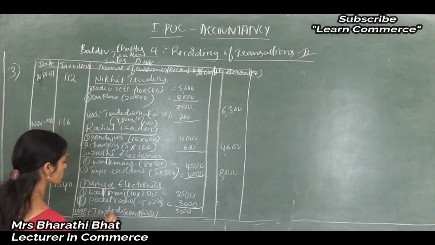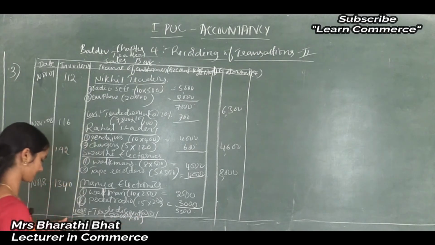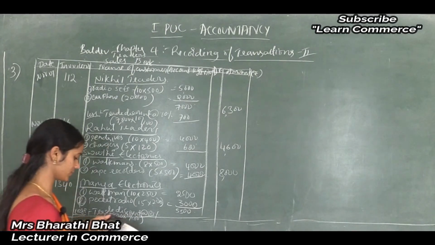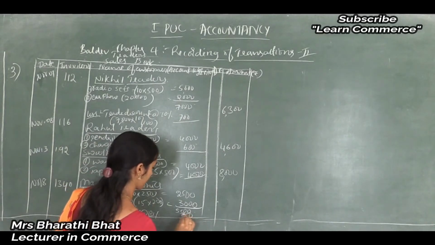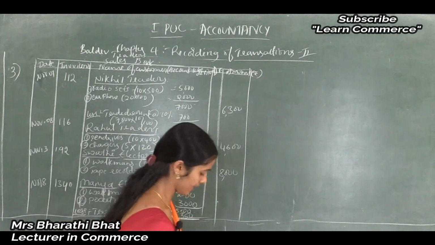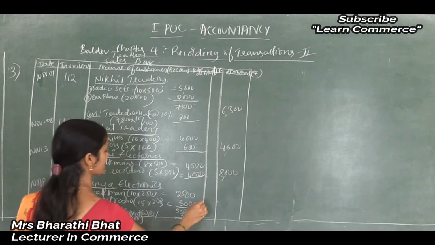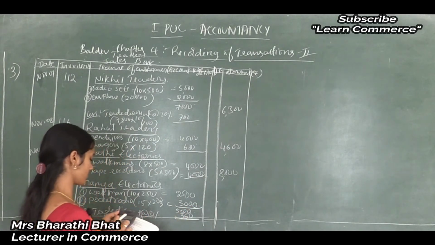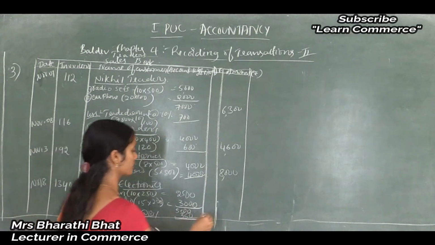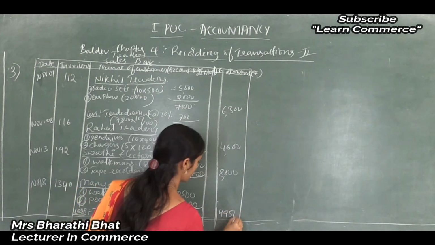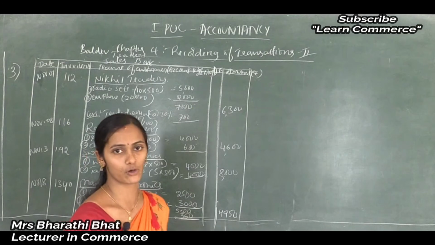So 5,500 into 10 by 100, 550. Write the amount in the outer column, that is the amount column: 5,500 minus 550, 4,950. 4,950 in the amount column.